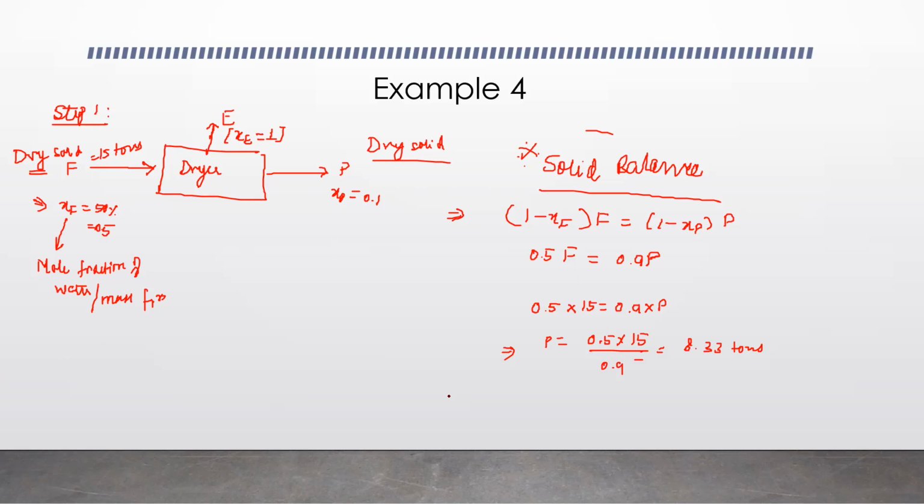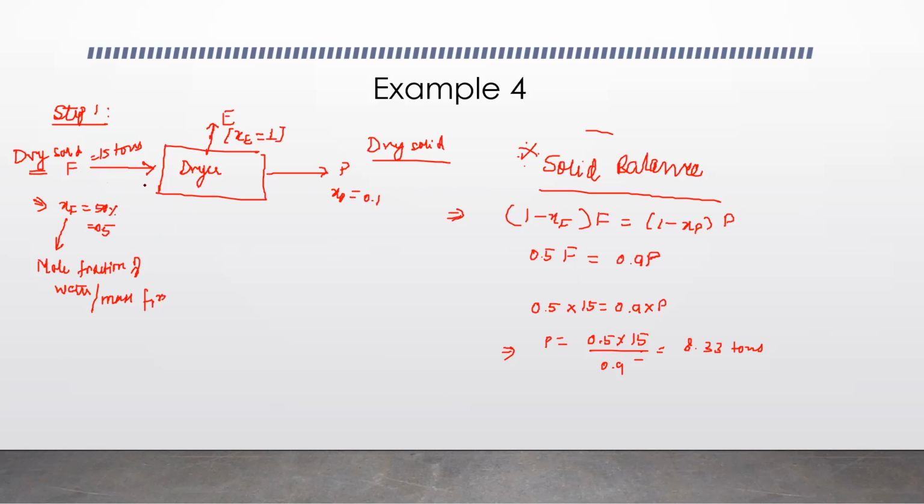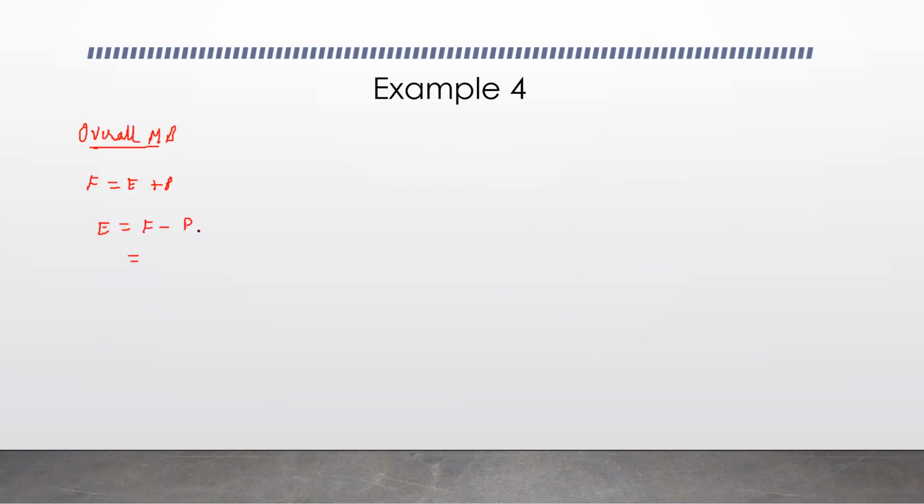After solid balance, we make the overall material balance, which is F is equal to E plus P. Hence water lost E is equal to F minus P, that is 15 minus 8.33, which is equal to 6.67 tons.